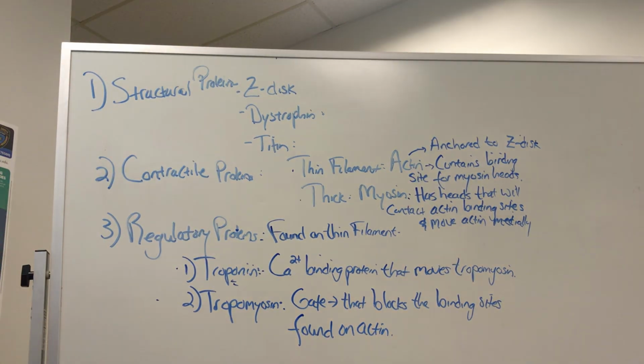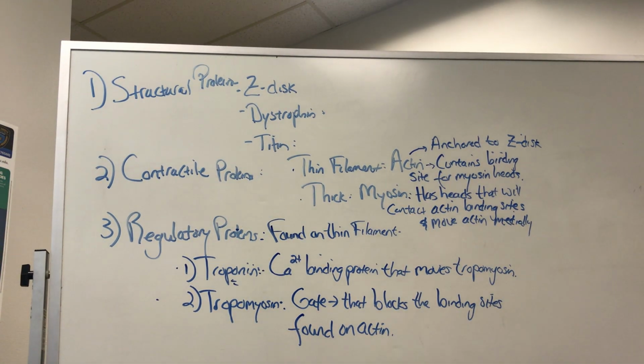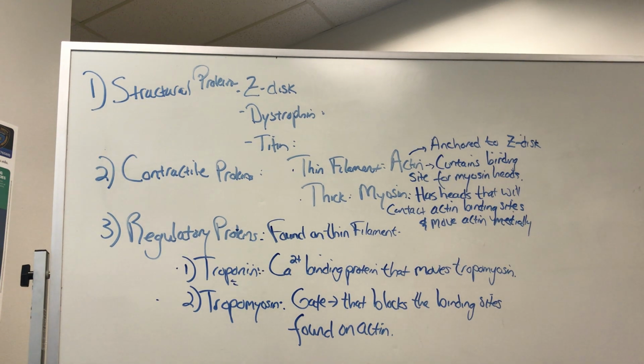In other words, tropomyosin is a gate. It's the one that makes sure that when your muscles are not expected to contract, when you are in a relaxed situation, what happens then? Well, in a relaxed situation, the tropomyosin here blocks any actin-myosin from interacting, right?